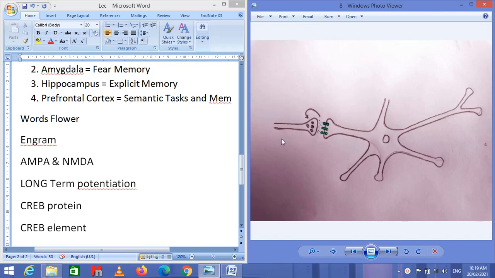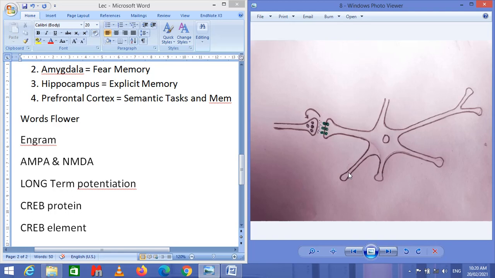For example, this memory is stored in this area. Now, if we want to recall this memory, we will have an impulse towards this area. When we get the impulse from this nerve ending, that impulse will go as action potential toward this engram, toward this nerve terminal.